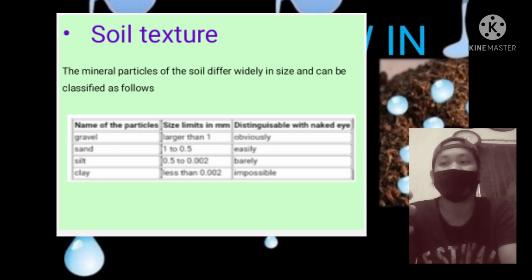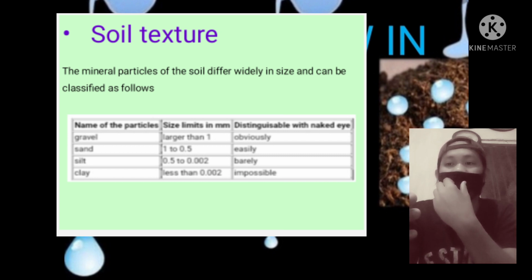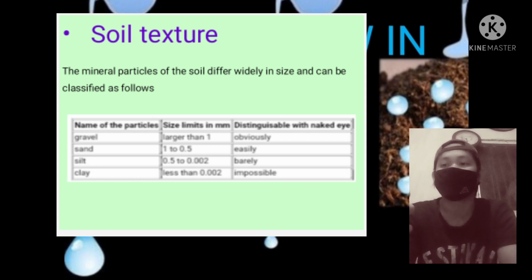In coarse textured soil, sand is dominant, and medium textured soil is predominantly loamy soil. In fine textured soil, clay is predominant, clay soils.